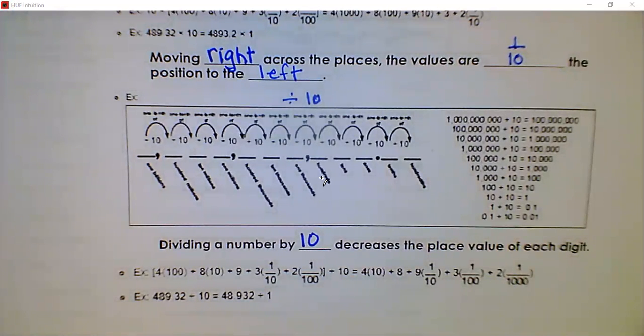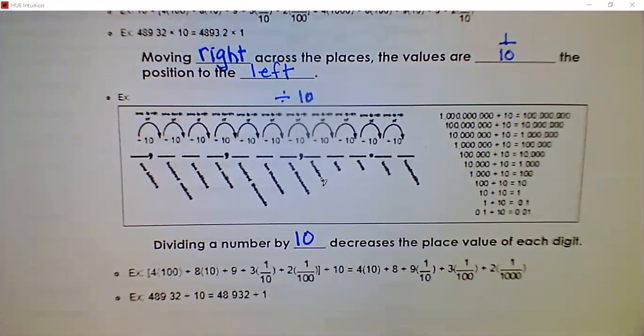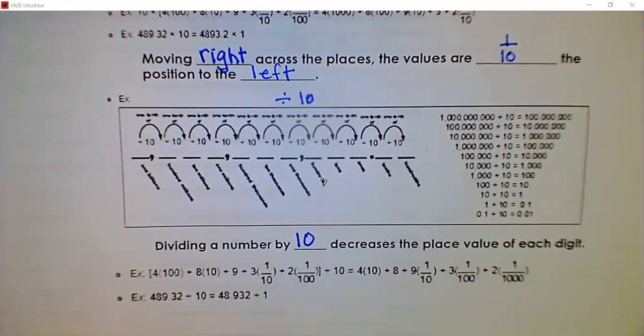And again, I've left you 2 examples to take a look at how that ends up. All of this again is a review of 4th grade material, only this time we're doing it with decimals because we've already done the whole numbers in 4th grade. Questions on that?